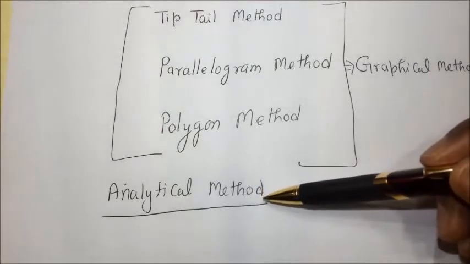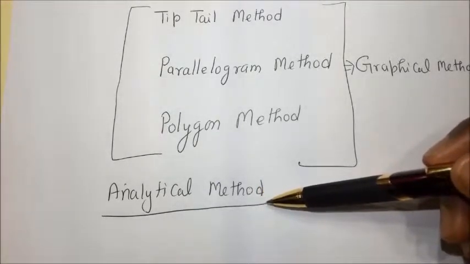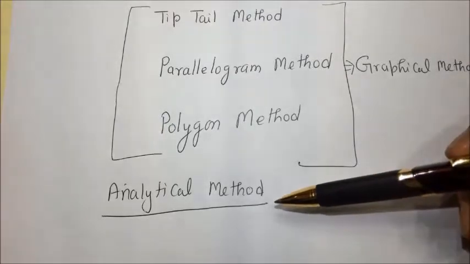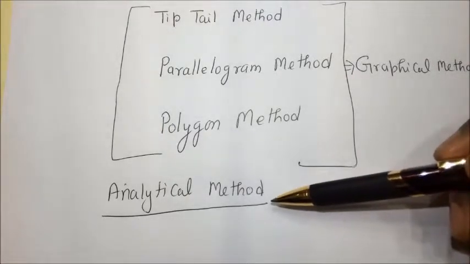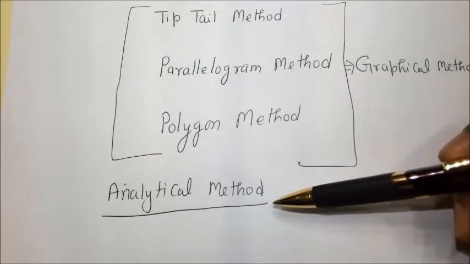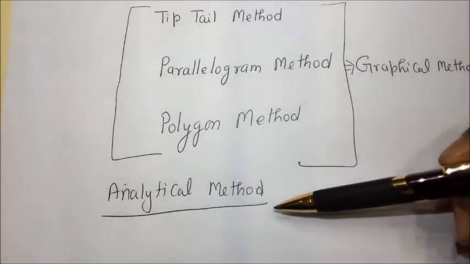This method requires calculation. You can do it by using a calculator, and then you can find the magnitude of the resultant, the direction of the resultant, all those things mathematically.